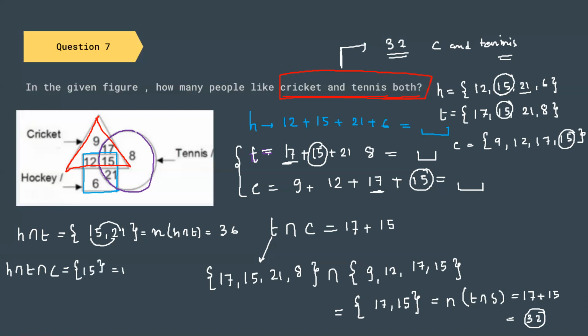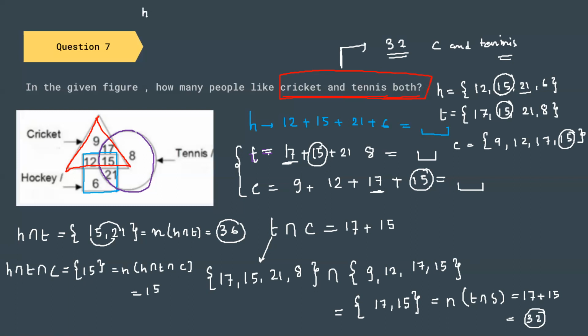And if we find the number of H intersection T intersection C, we will get only 15. So 15 people like all three sports, 36 people like hockey and tennis both, and 32 people like tennis and cricket both. Then you can also find the total number of people who like hockey only.